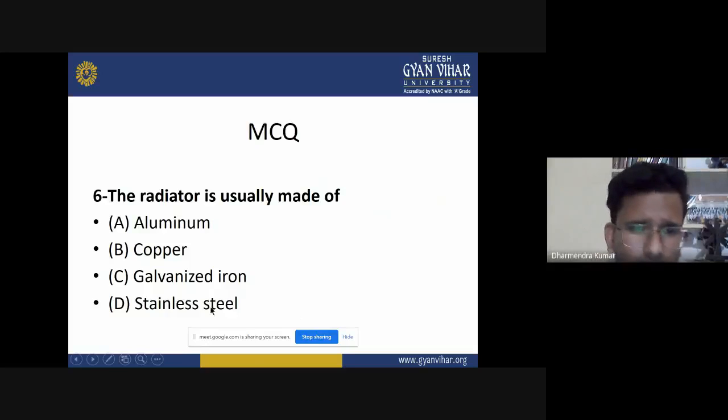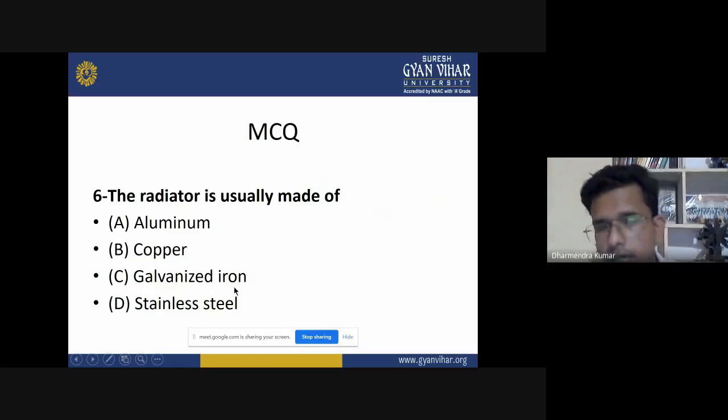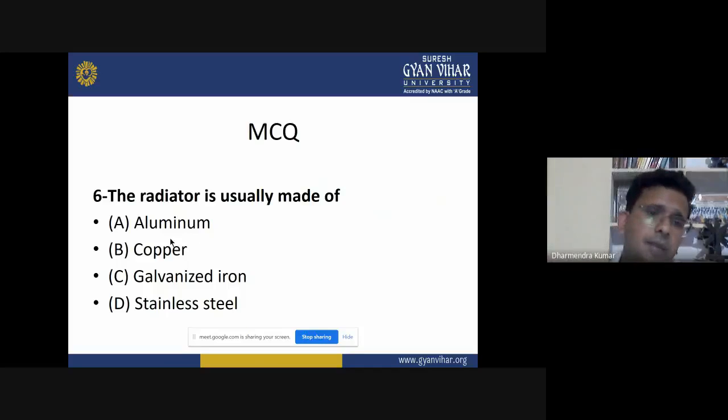Here there are two options given, and we are surely going with copper. Galvanized iron is not used in making radiators, and stainless steel is also not used. However, some amount of aluminium mixed with copper is used in making radiators. Then our answer is B.